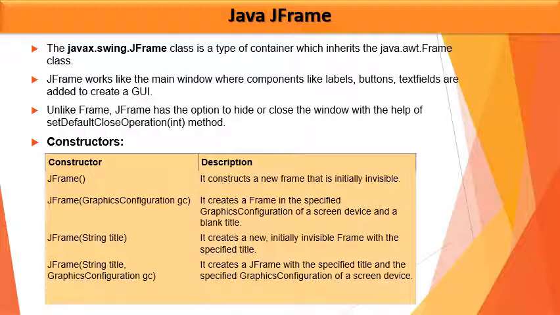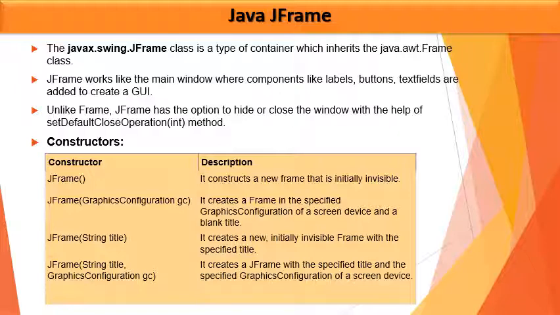The first constructor is JFrame(), which constructs a new frame that is initially invisible. The second is JFrame(GraphicsConfiguration gc), which creates a frame in the specified graphics configuration of a screen device and a blank title. The next constructor is JFrame(String title).